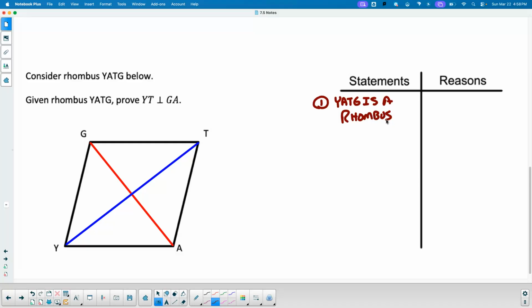So YATG is a rhombus that was given to us. Because a rhombus has 4 congruent sides, that means then that side YG is congruent to side GT.